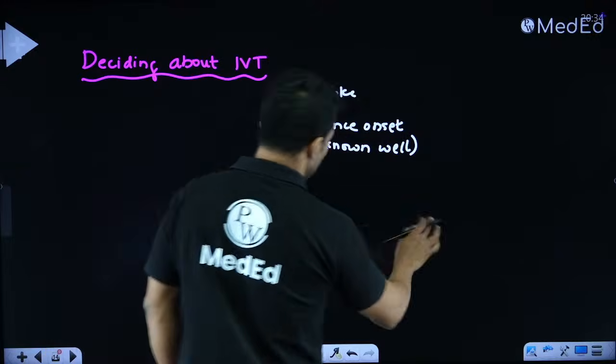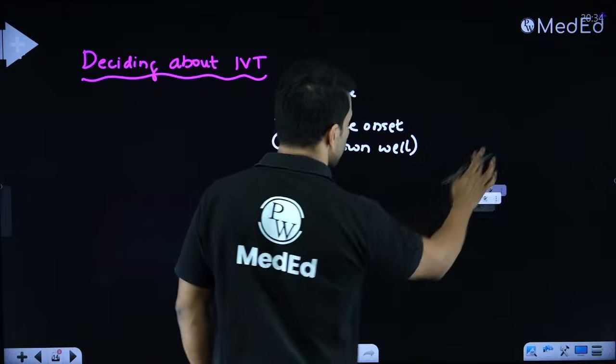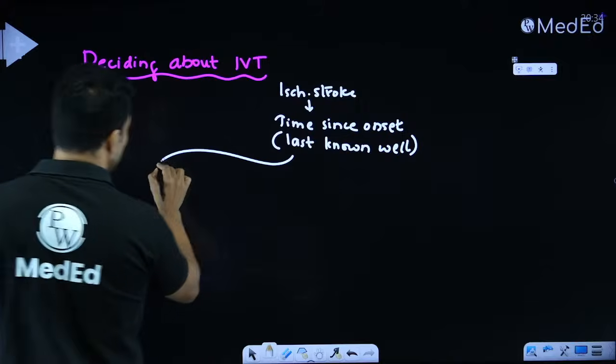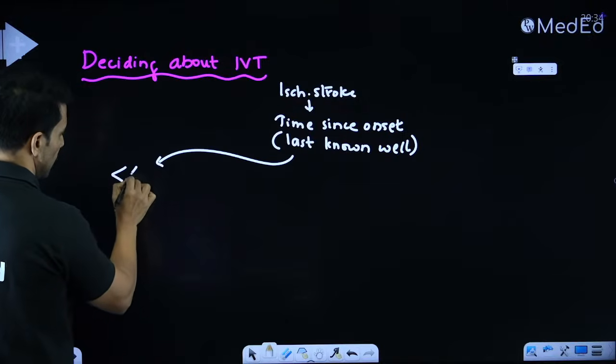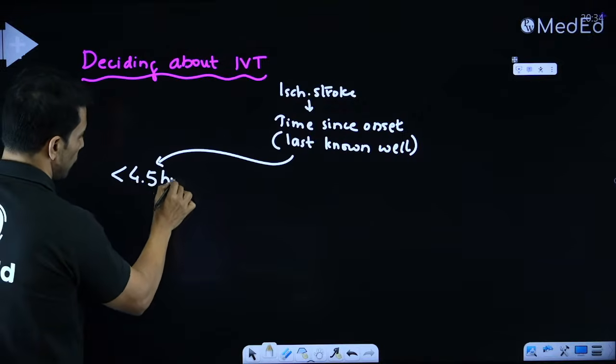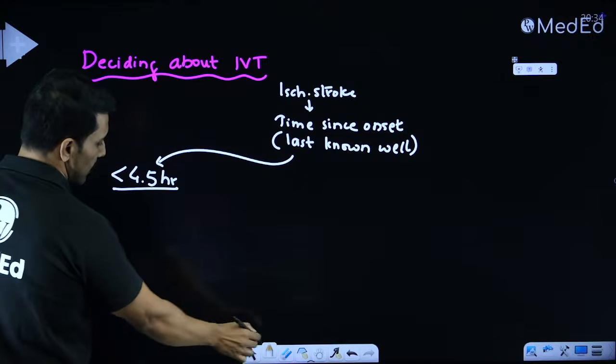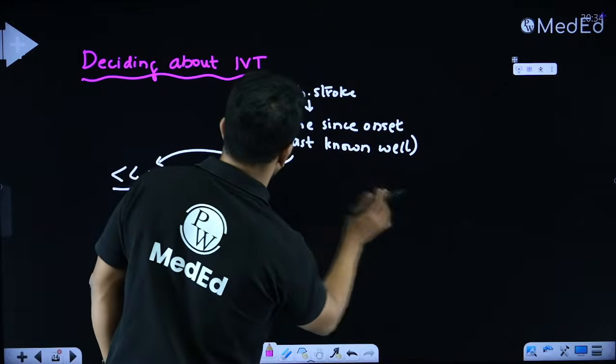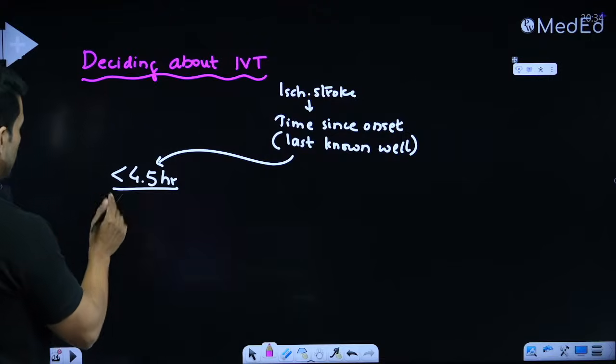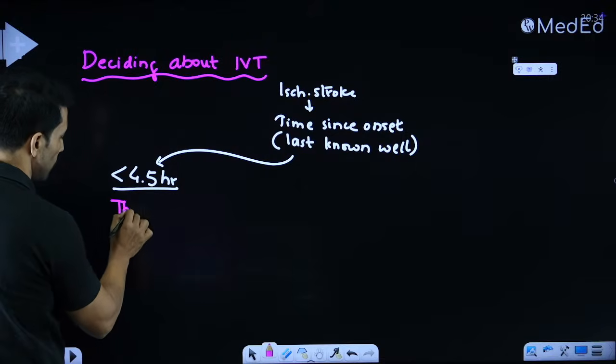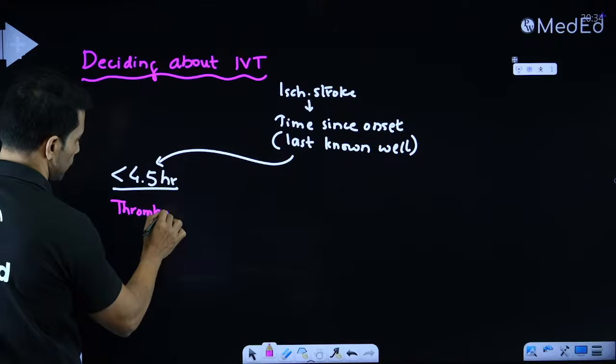Okay. So if that last known well is less than 4.5 hours, by default he is eligible for thrombolysis, right? So we will go ahead with thrombolysis if there is no contraindication.